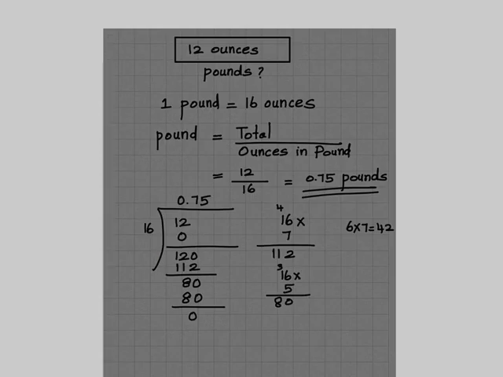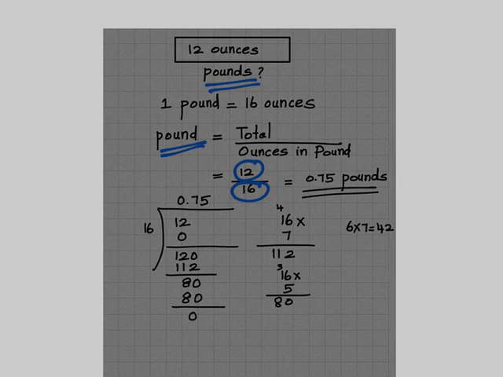So the next question, we have to convert 12 ounces to pounds. We know that 1 pound is equal to 16 ounces. To find the pounds, let us write the formula. Pound equals total, which is this 12, divided by ounces in 1 pound. There are 16 ounces in 1 pound. So let us write the 16 below.